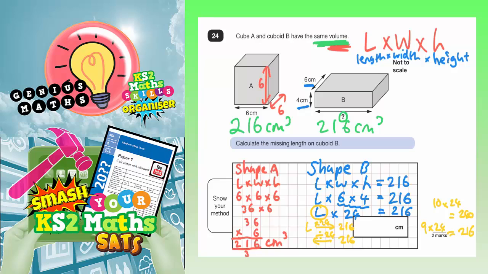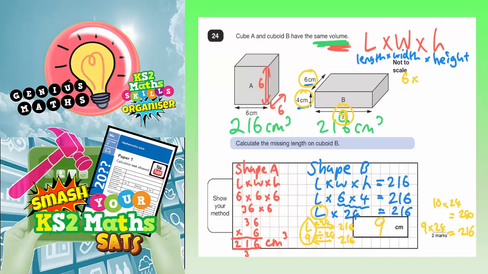So 9 24s must be 216. So when you do 216 divided by 24, you're going to get 9, which makes the L, the length of that cuboid, 9. So this question mark here is basically worth 9 centimetres.